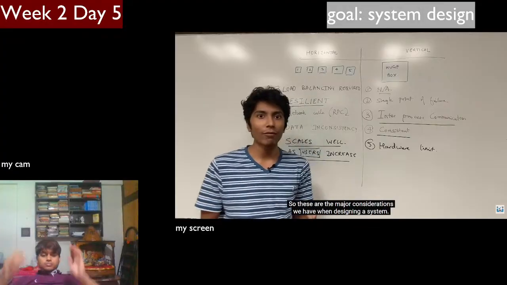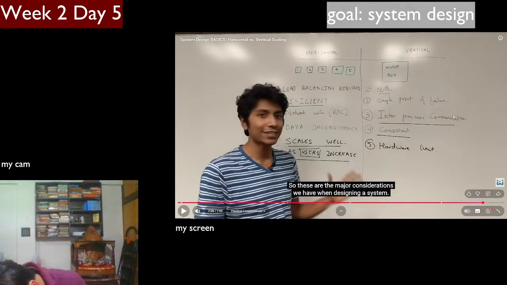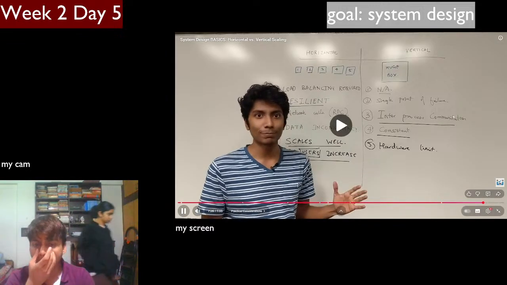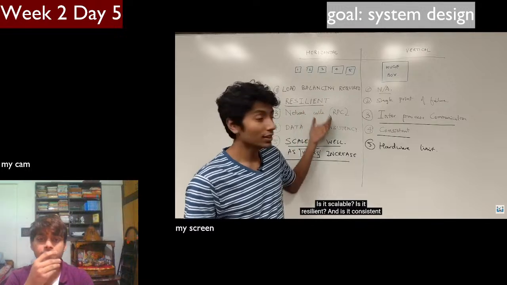So these are the major considerations we have when designing a system? Is it scalable? Is it resilient? And is it consistent?